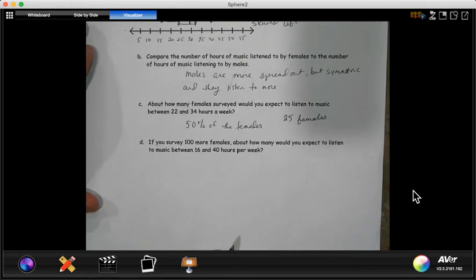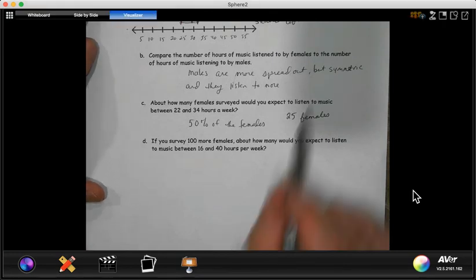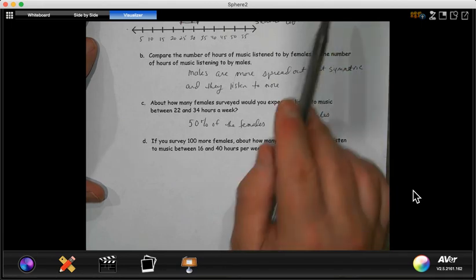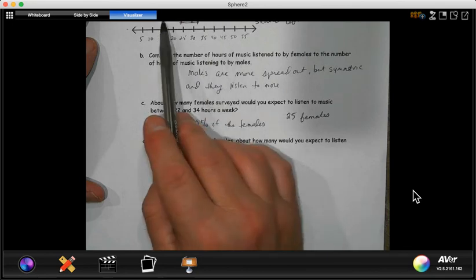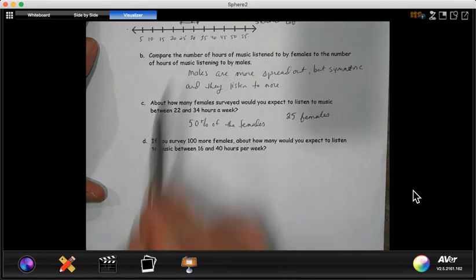If you surveyed 100 more females, about how many would you expect to listen to music between 16 and 40 hours? For females, wouldn't you think all of them? 100% of them? I mean, the minimum is 16 and the maximum is 40.